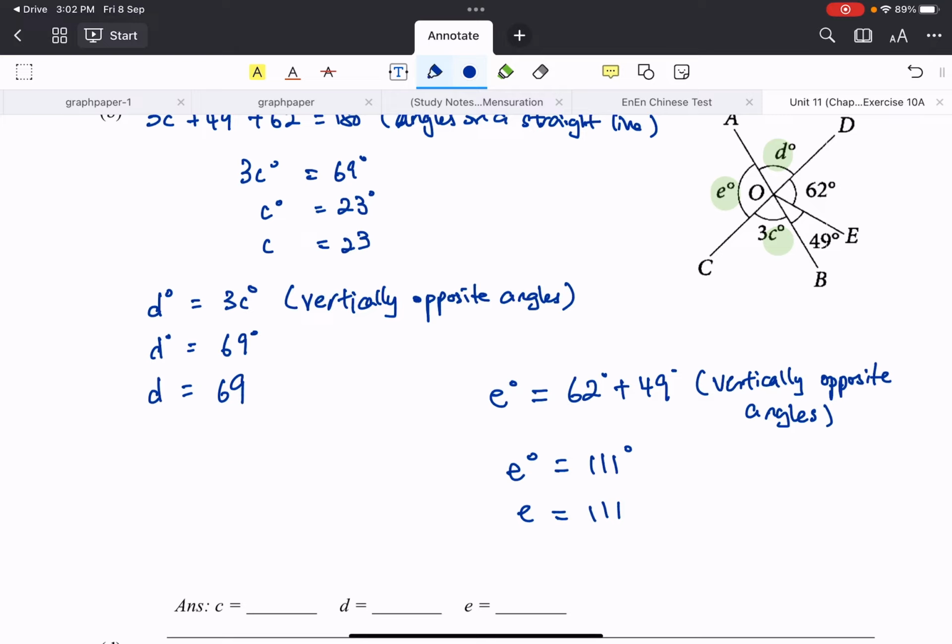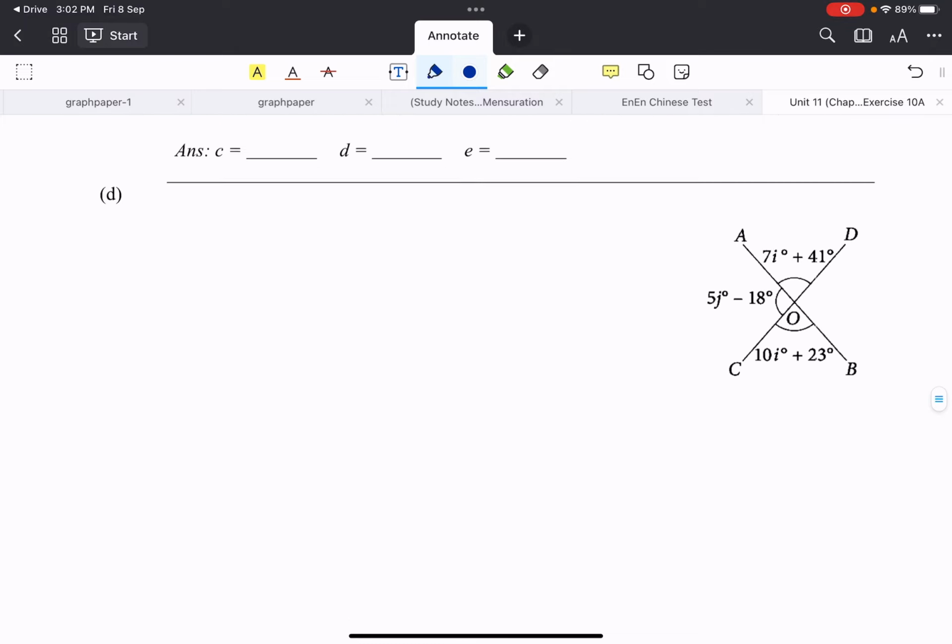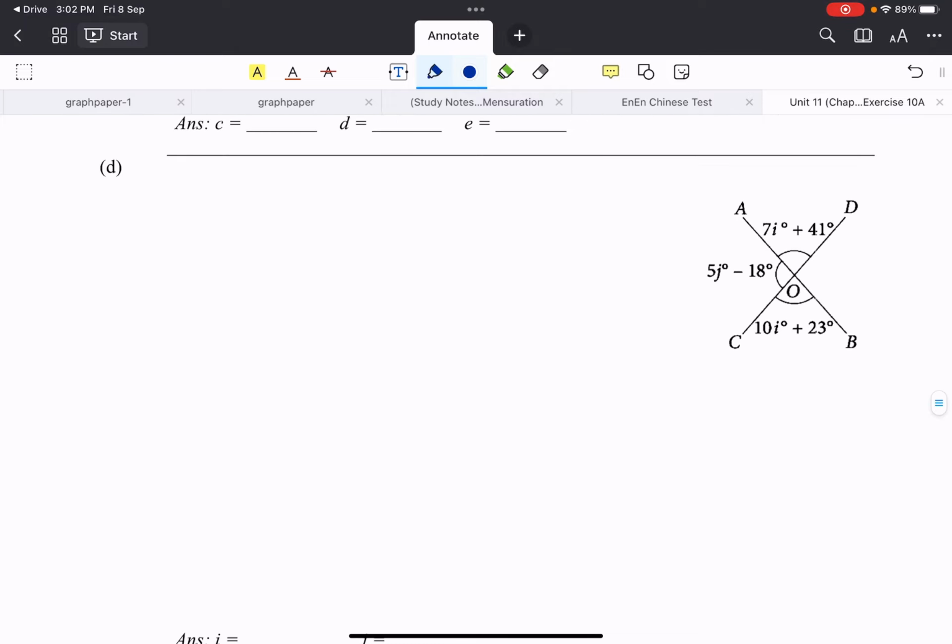Okay, moving on, part D. Well, part D, it looks a bit more complicated, but using the same principle, everything is going to be fine, right? Let's start by trying to look at the variable i. Okay, so we have 10i degrees plus 23 degrees equals 7i degrees plus 41 degrees, right?